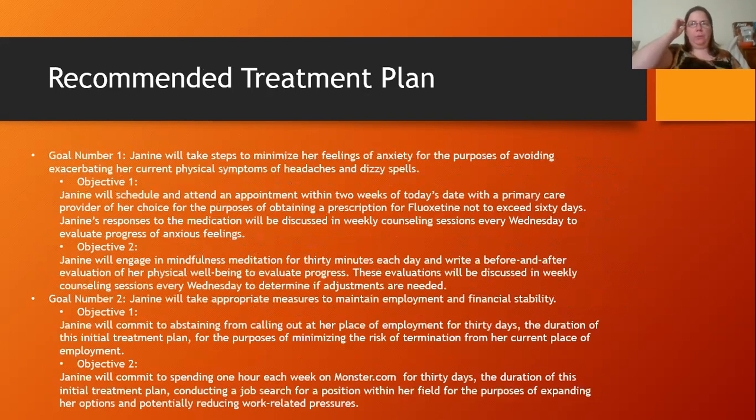With goal number 2, this was really tricky. I wanted to present a goal that was very client-centered, very dependent on what Janine herself wanted to change. And as mentioned earlier in the presentation, what is recommended for somatic symptom disorder isn't so much treating the symptoms itself, but rather treating the undercurrent, the life circumstances that may or may not be contributing to the physical manifestations of symptoms.